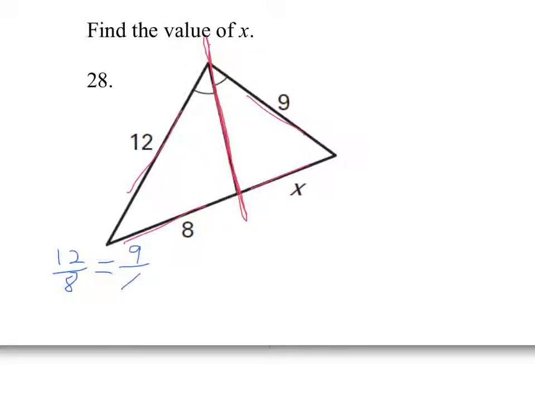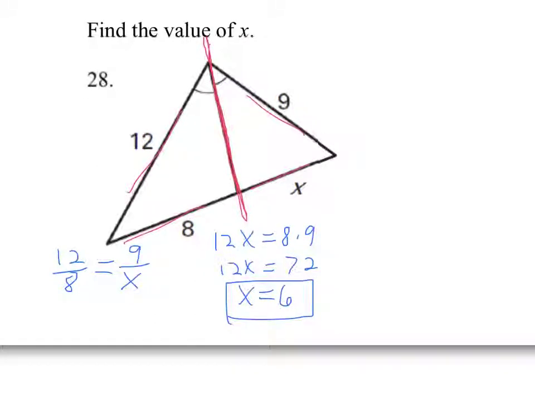There are other ways also, like we talked about in class, but you just got to choose one way and go with it. So then by cross multiplying, we'll have 12x equals 8 times 9. So 12x equals 72. And then we want to divide 72 by 12, which comes out evenly to 6. So 6 is our answer.